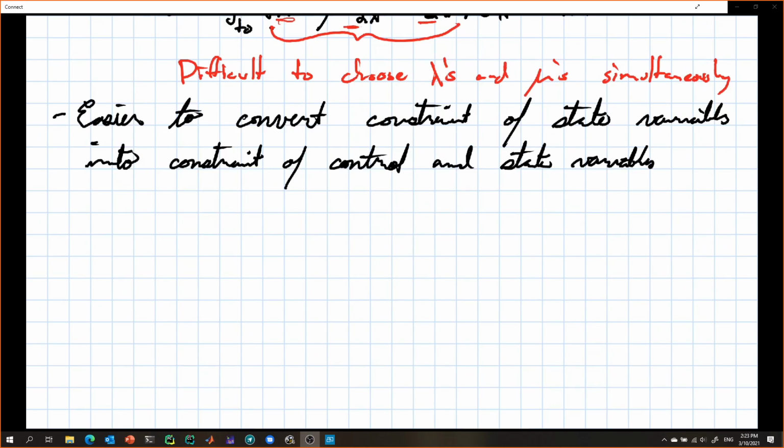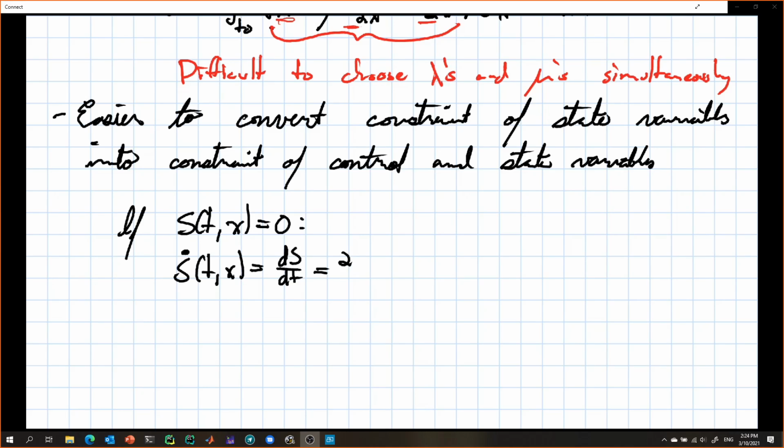And the way we do that is, if this constraint is equal to 0, then we could take the derivative of it, which is equal to ds dt, which is the partial of s with respect to t plus the partial of s with respect to x times x dot.